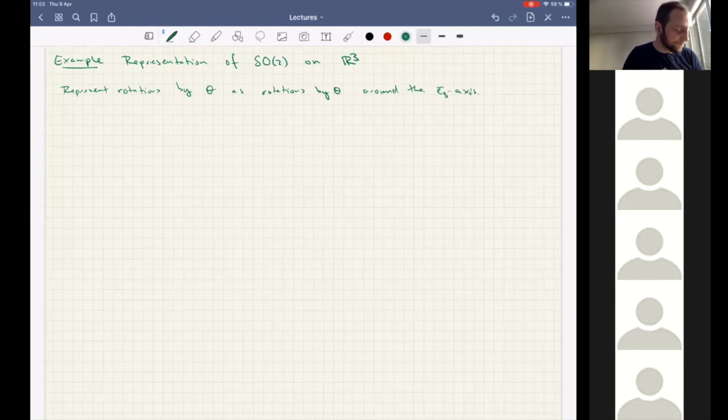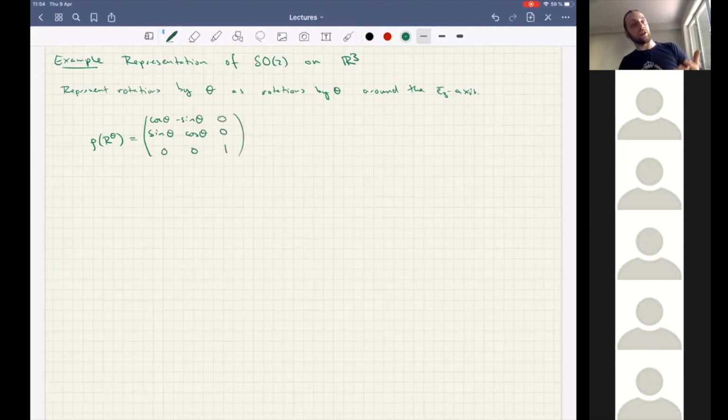So the Z axis. Now, my matrix representation of rotations in 3 dimensions is SO3. So this representation will be a subgroup of SO3. The way I do this is that I represent this two-dimensional rotation, rho r, by cosine theta, minus sine theta, sine theta, cosine theta, 0, 0, 0, 0, 1.